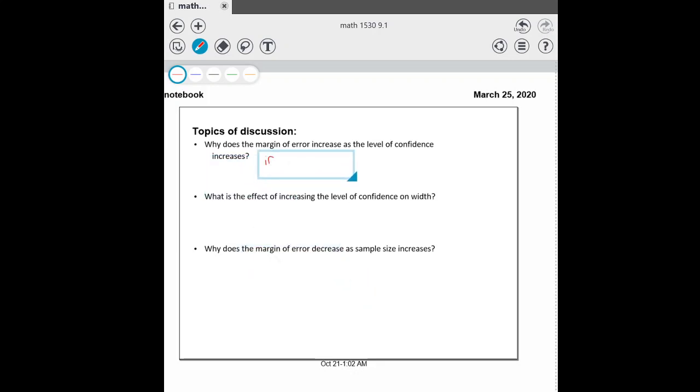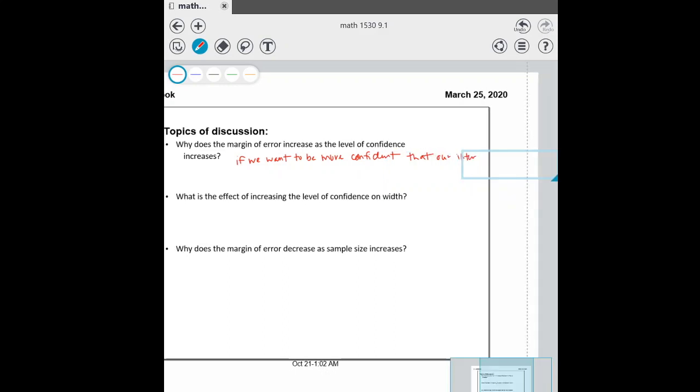So, if we want to be more confident that our interval includes the population proportion, then our interval has to get wider. And I'll show you what I mean in just a second.